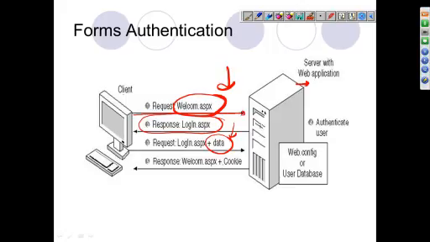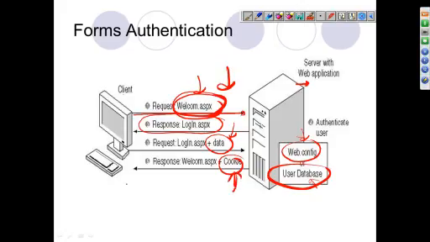The server will match this data against some data source, which can be the web.config file, any database, or any other XML file. If the user is authenticated, it will send the client the requested page, which the client requested first, with the authentication cookie.